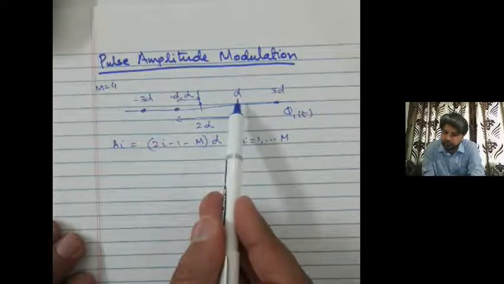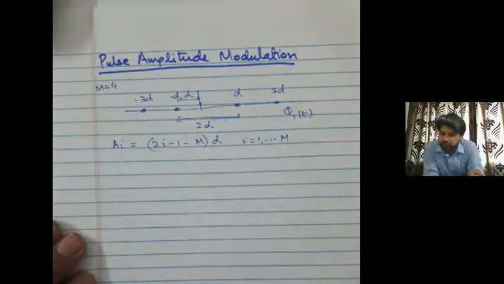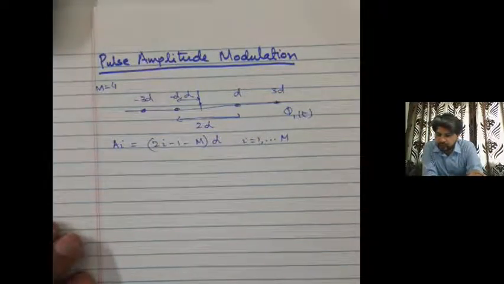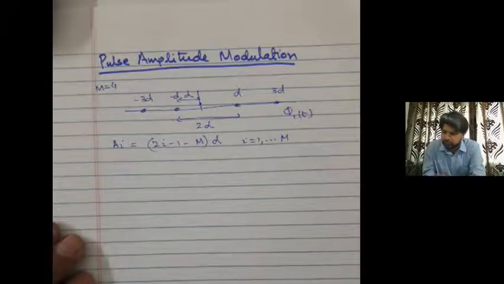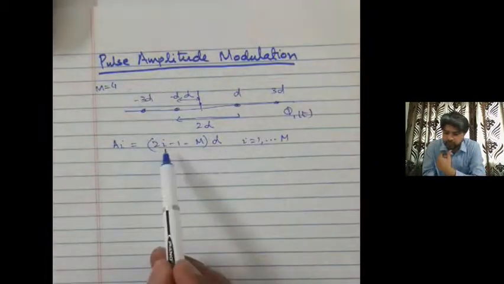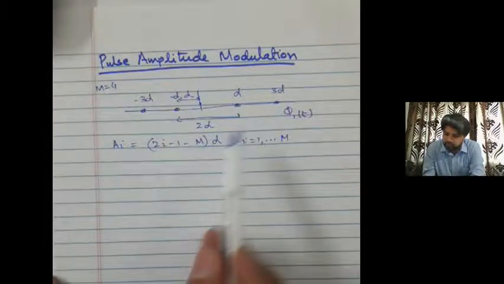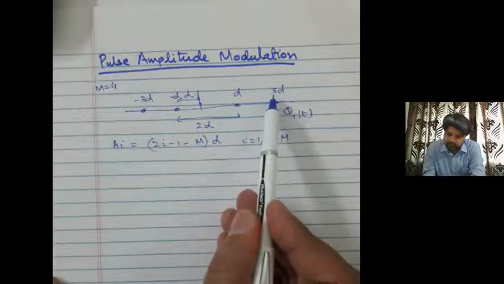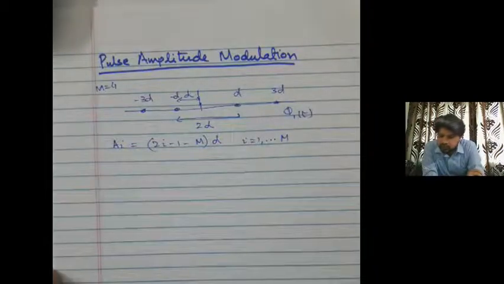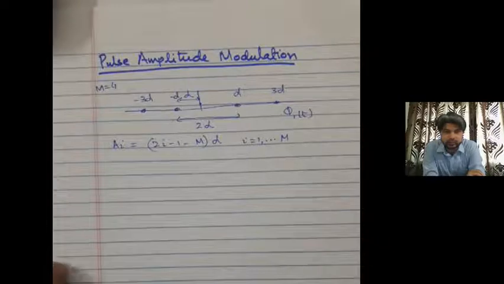And similarly for I equals to M, that means 2M minus 1, that would be equal to 3d in this case. So this formula of AI covers all points in the constellation diagram which you may have.